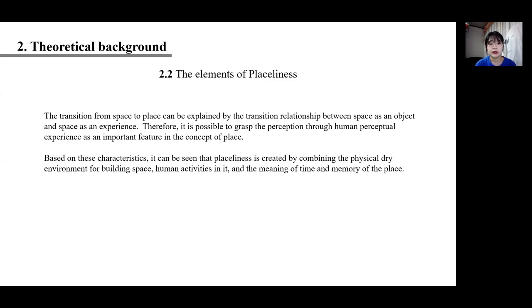Based on these characteristics, it can be seen that placeliness is created by combining the physical environment for building space, human activities in it, and the meaning of time and memory of the place.